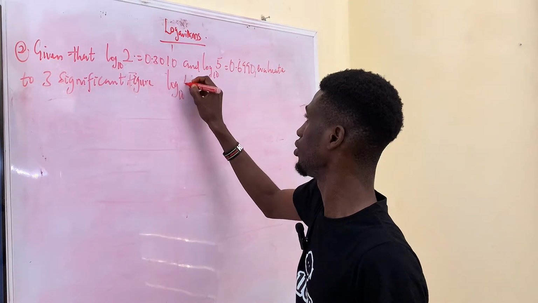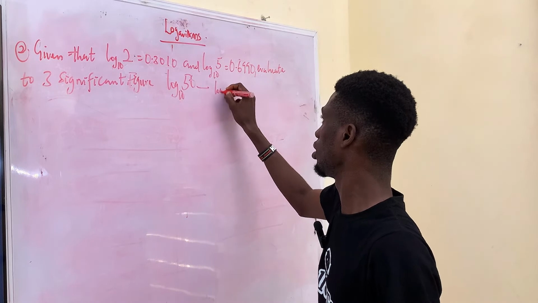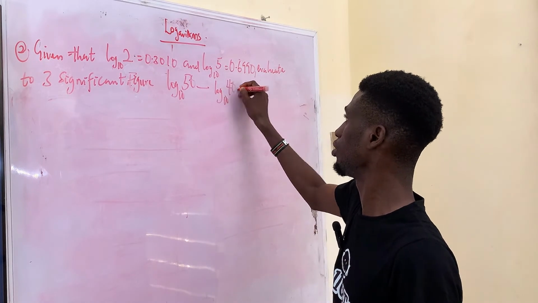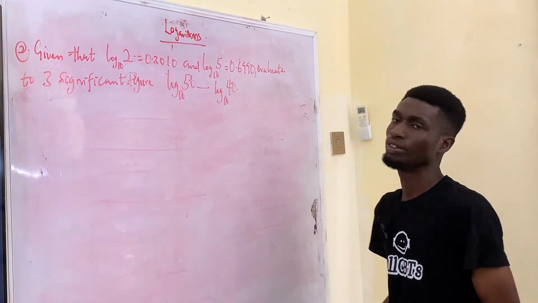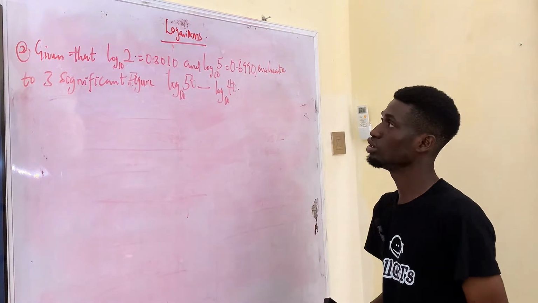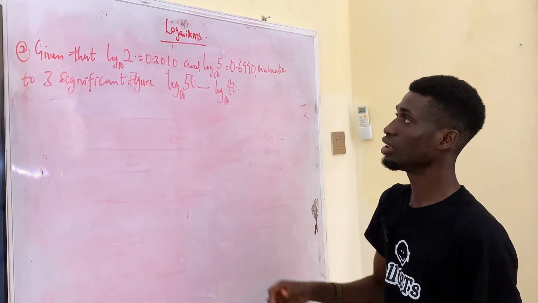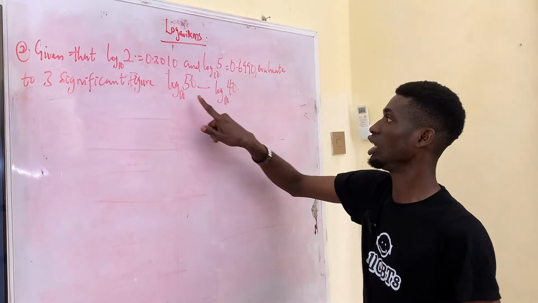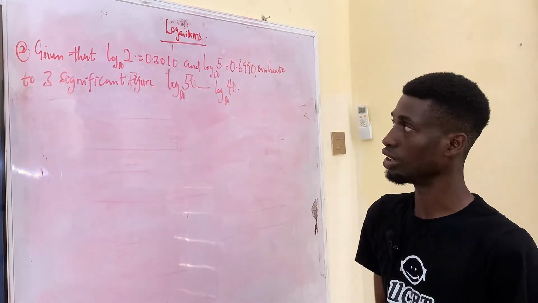Log base 10 50 minus log base 10 40. So this type of logarithm question, we call it substitution, meaning that you're going to substitute these two values into this question given to you.